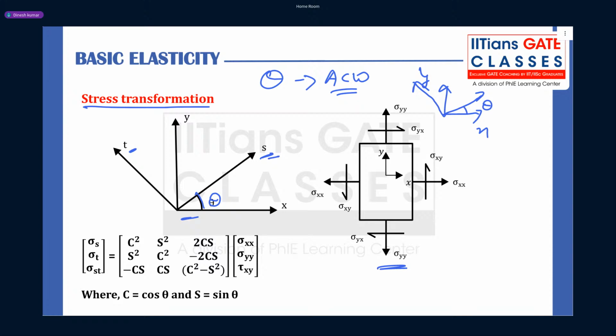Now, guys, I want to know what my sigma ss, sigma tt, and the corresponding shear, sigma st, are. You know transformations well.